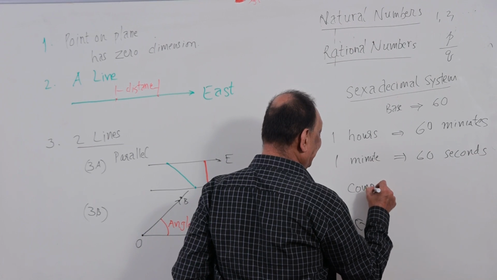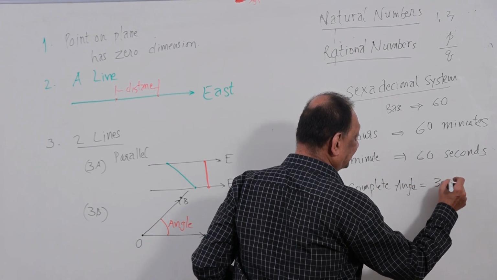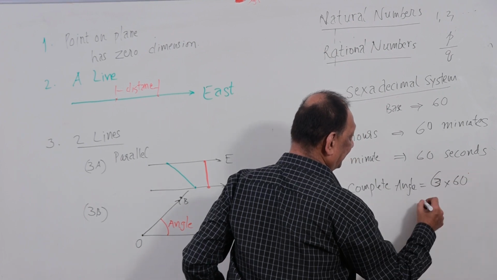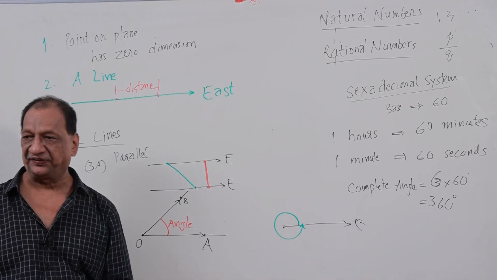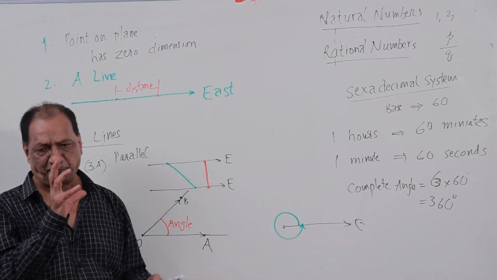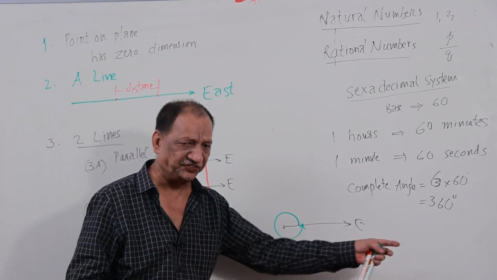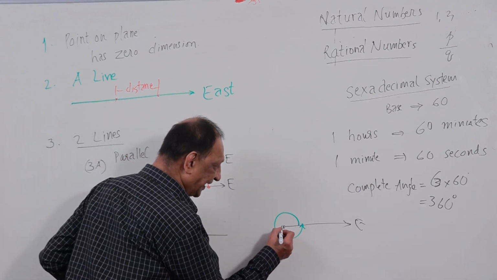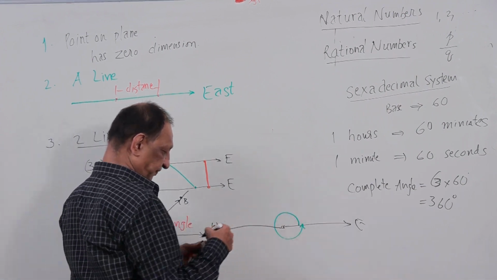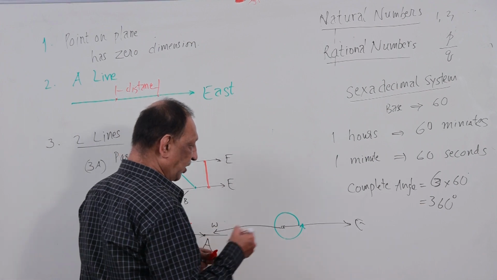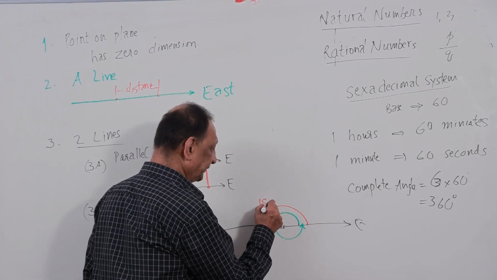So for the complete angle, for some reason they said we'll set it as 6 multiplied by 60, which is 360 degrees. Complete angle is 360 degrees. It's actually 6 times that base, 60. And obviously, half of that complete angle, that means a line to the west, that half will be 180 degrees.